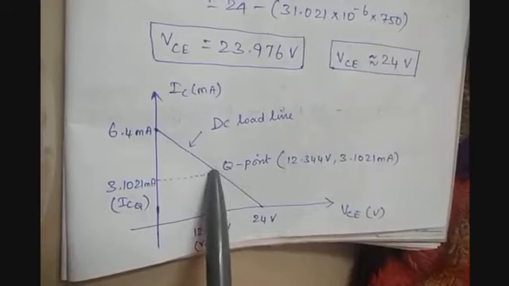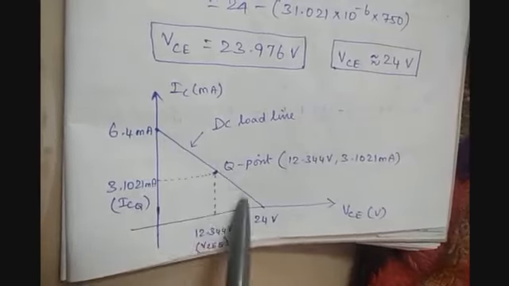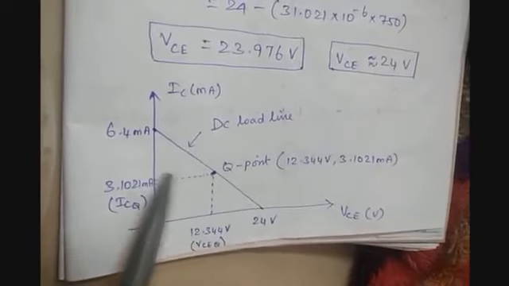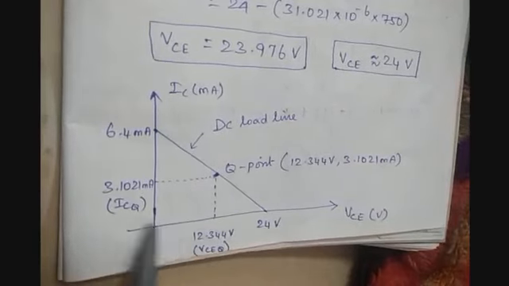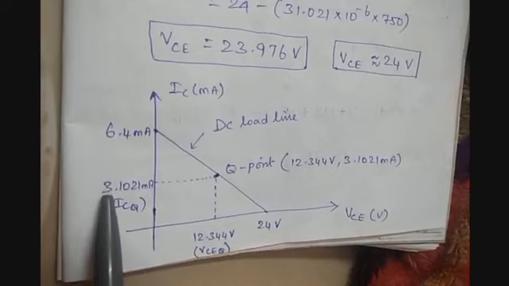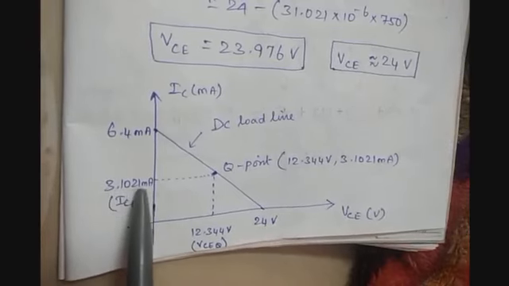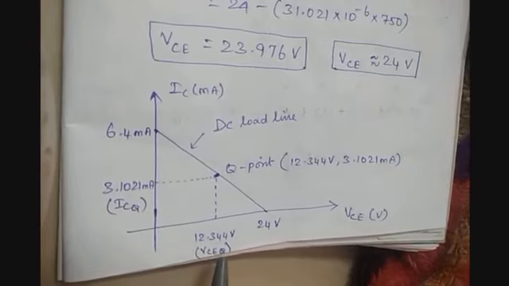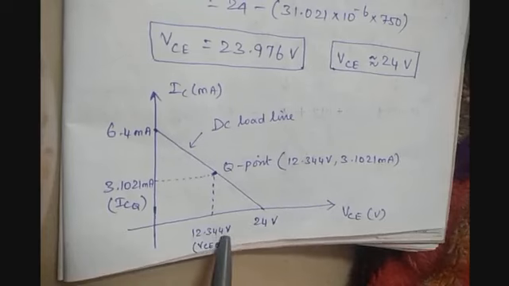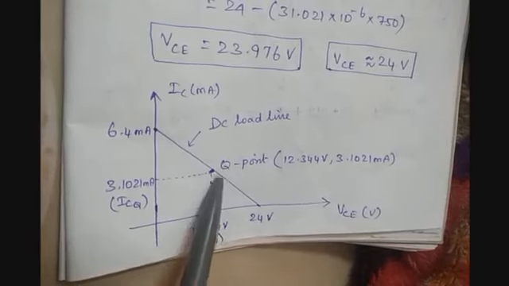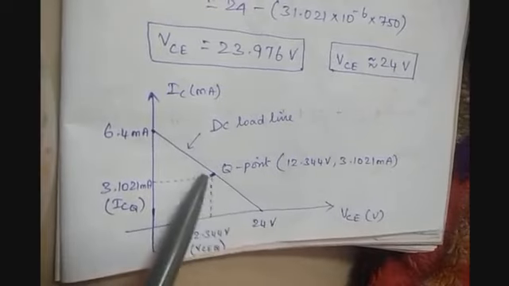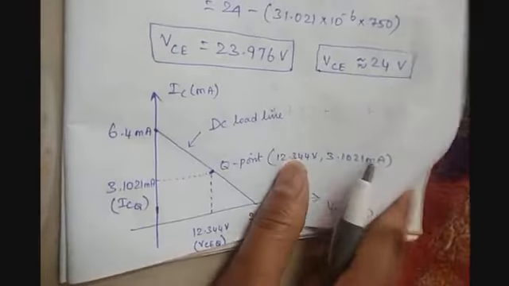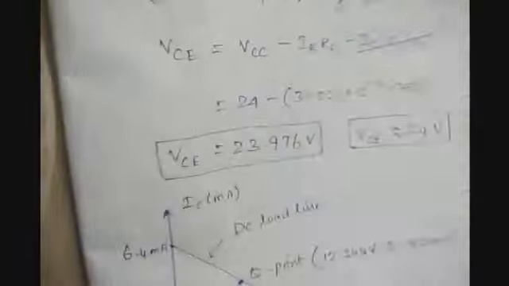Now we can locate the Q point with the help of the IC value and VCE value. Previously we calculated IC as 3.1021 milliamps and VCE as 12.344. With these coordinates we can locate the Q point on the DC load line. So this is the Q point. We'll move on to the next problem.